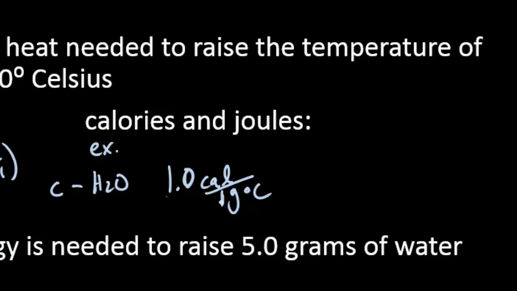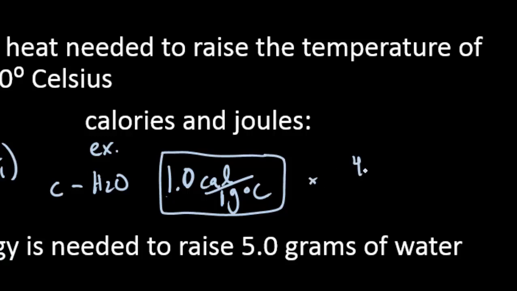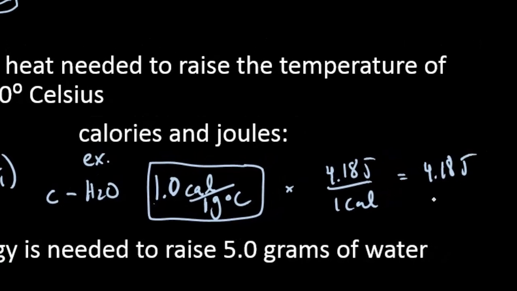And if I wanted to look at the specific heat of water in joules, we could do a little bit of dimensional analysis here. We said 4.18 joules is a calorie. And when I cancel my units, 4.18 joules of energy is also going to raise a gram of water a degree Celsius.